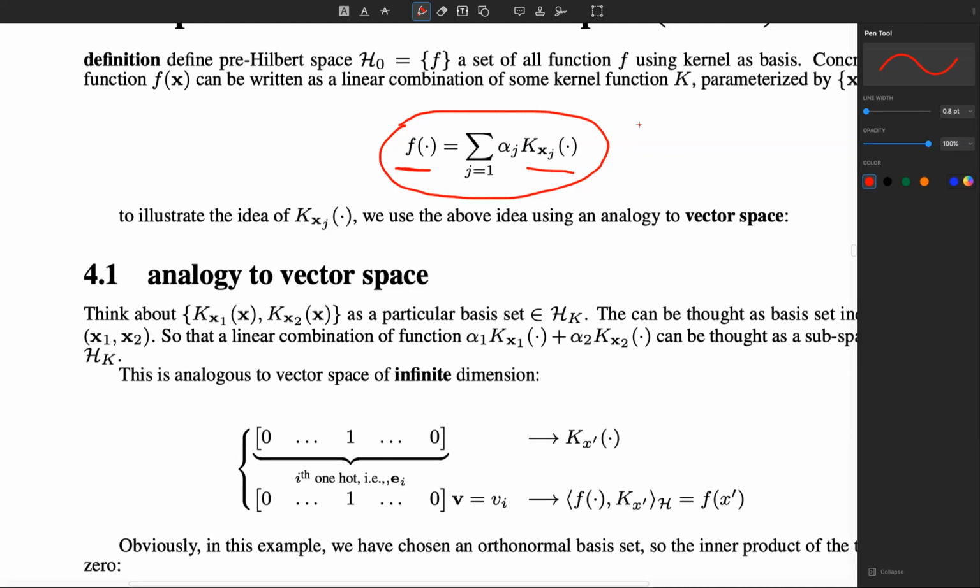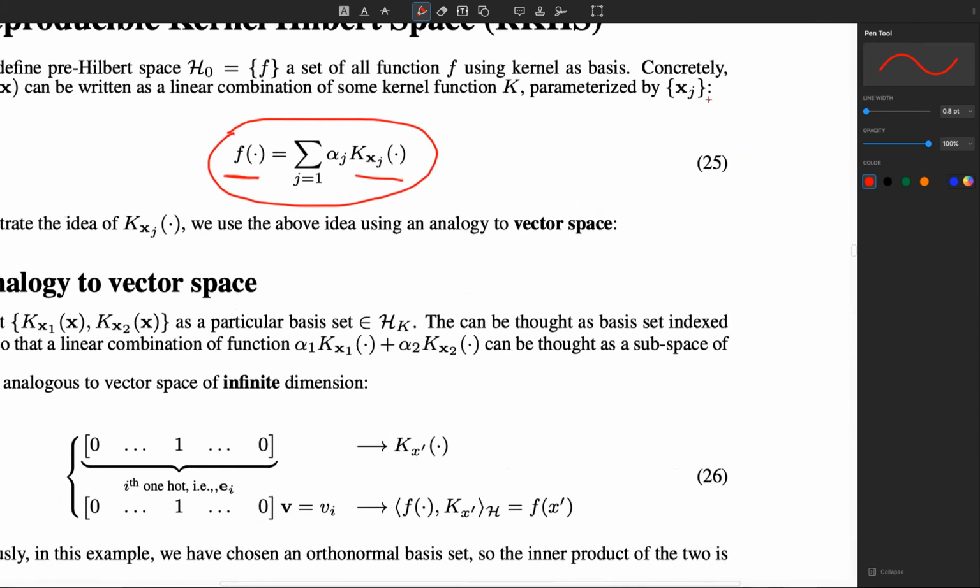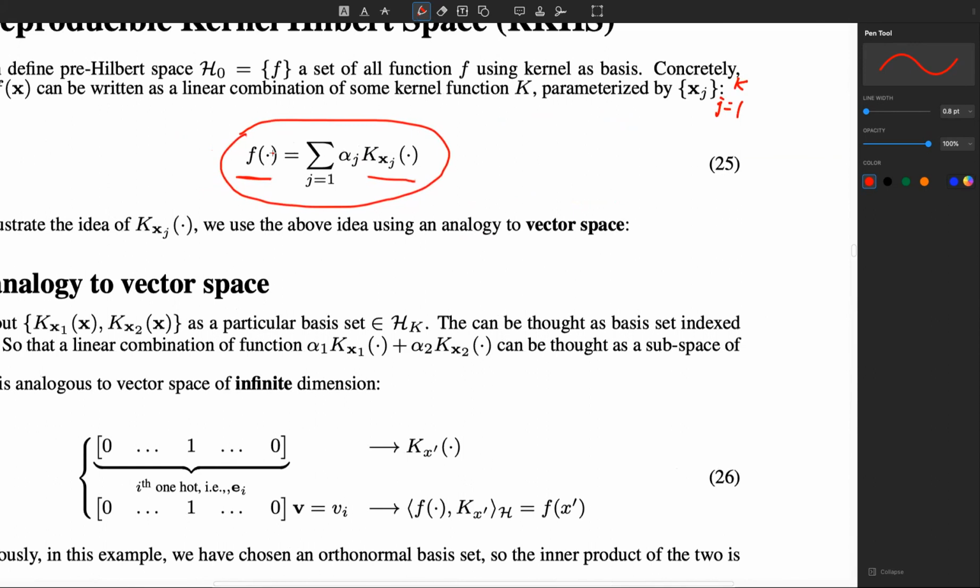Is that okay? And if I have a finite number of data points, so j equals 1 to say K, the function that I will possibly be able to get will be residing in a subspace of my RKHS.